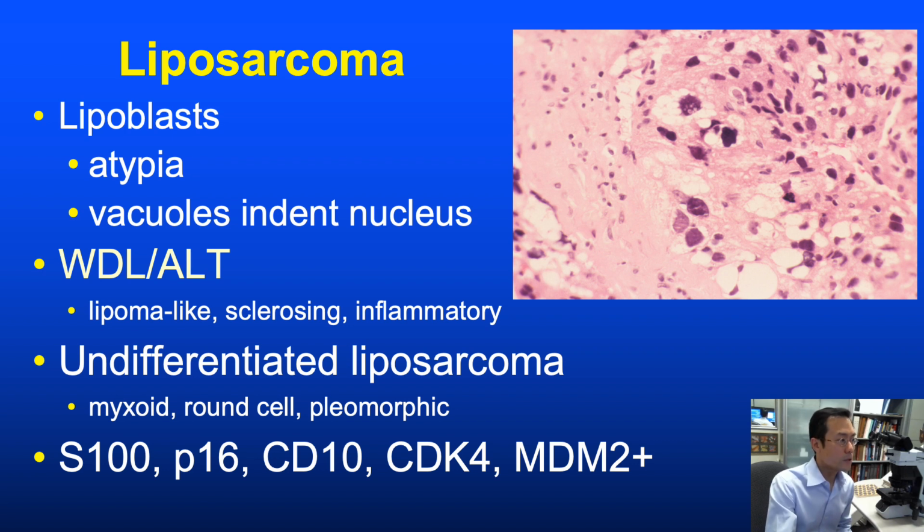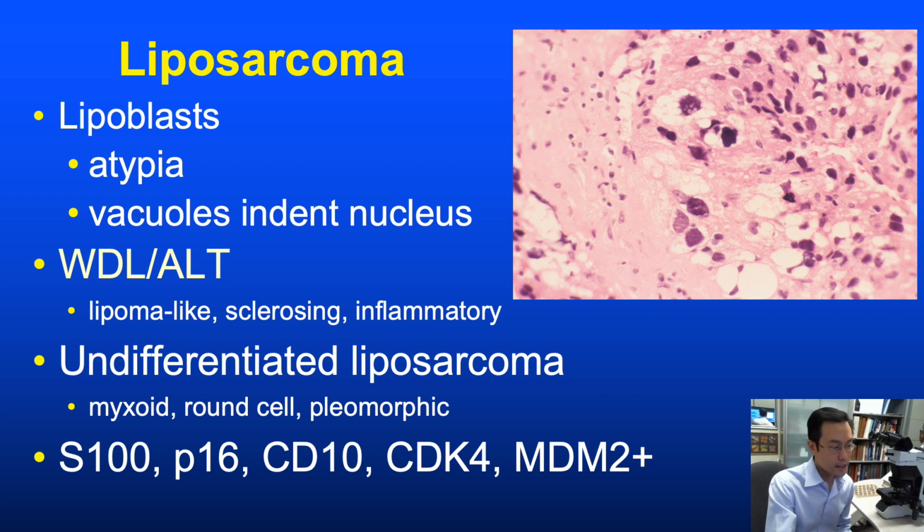So liposarcoma can be classified into well-differentiated and undifferentiated variants, and the ones that are more common are the well-differentiated liposarcomas, atypical lipomatous tumors, and they can have various histologic patterns, some resembling a lipoma, others more sclerosing or inflammatory.